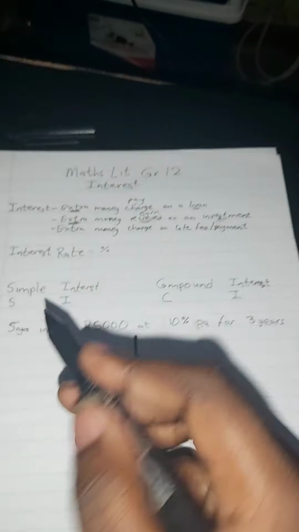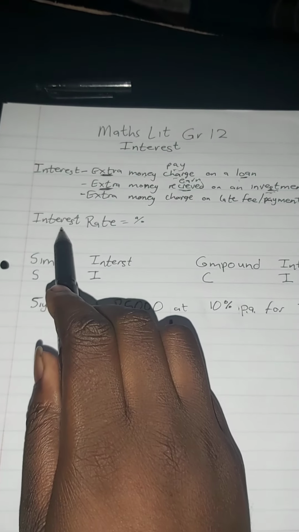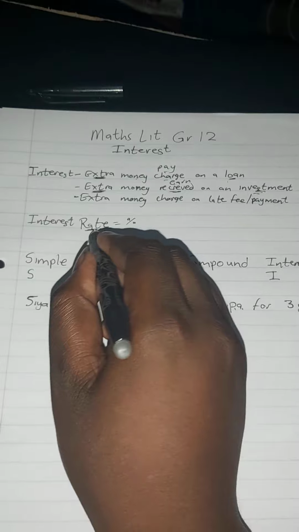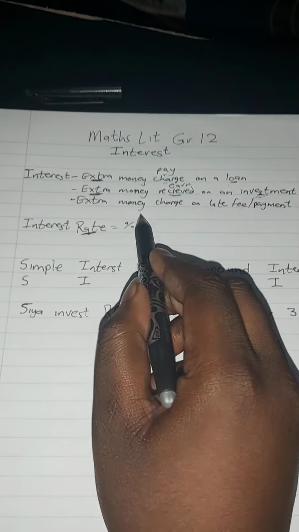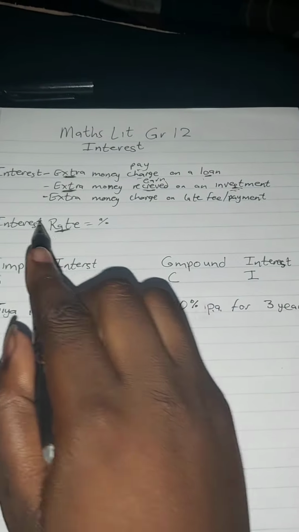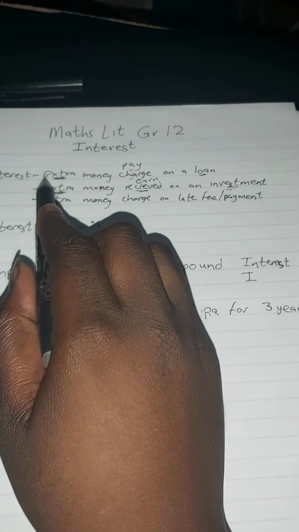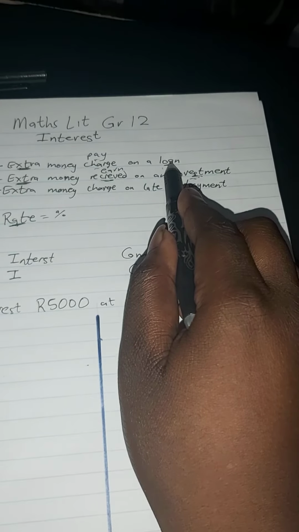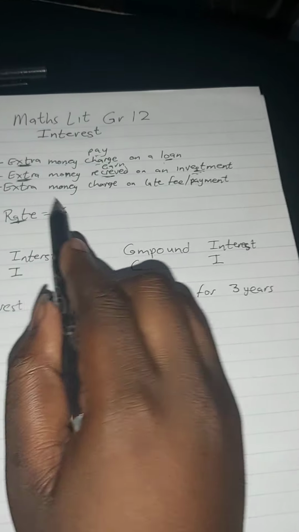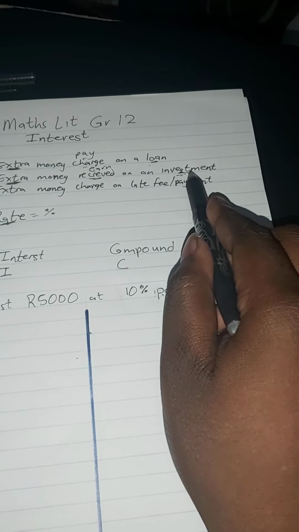You understand? And then it's very important to know the difference between interest and interest rate. Rate means now we're talking about a percentage. So interest is money, it's the actual amount. But interest rate is the percentage used to determine the extra money that you must pay on a loan, or the extra money that you will earn or receive on an investment.